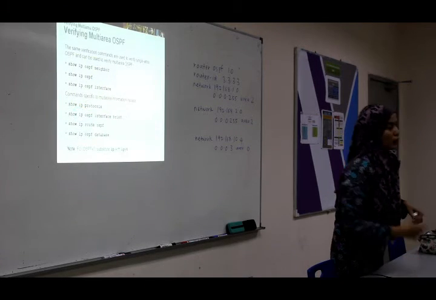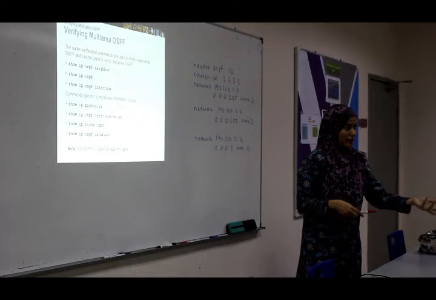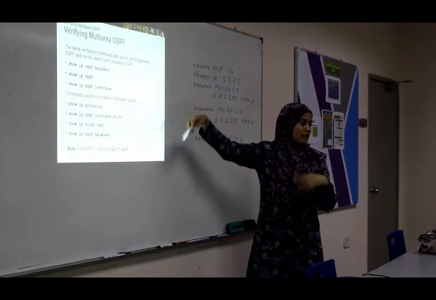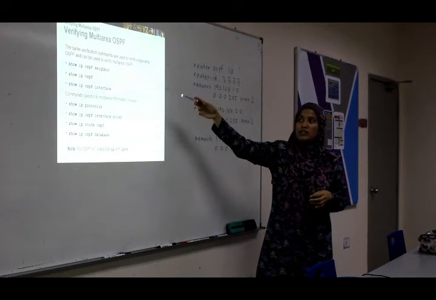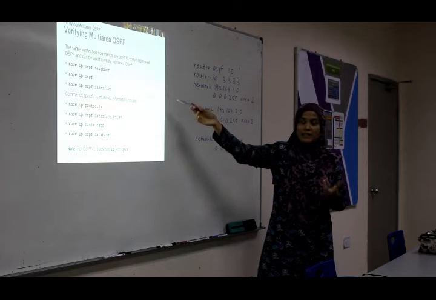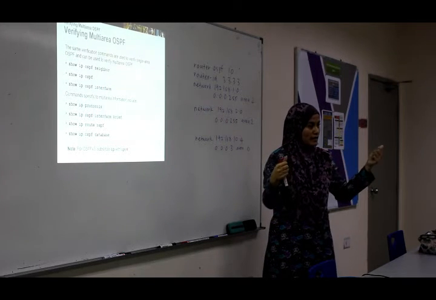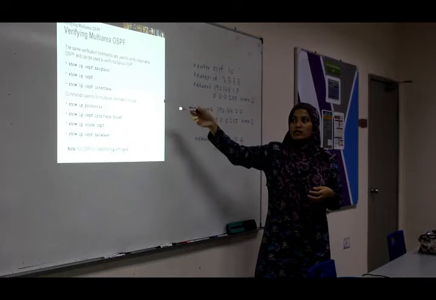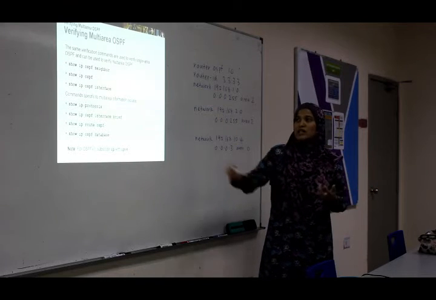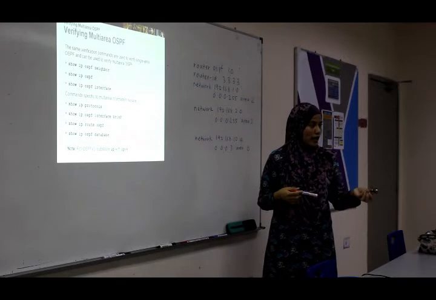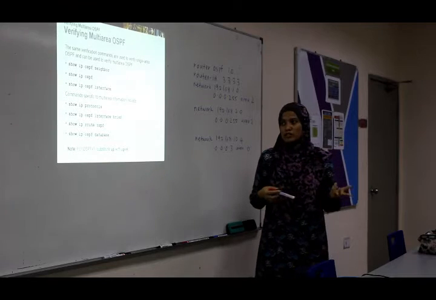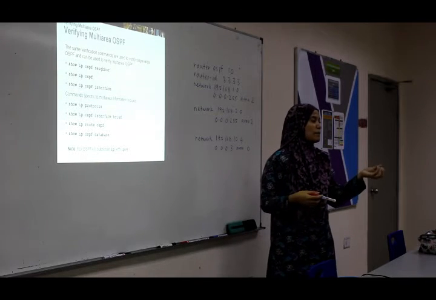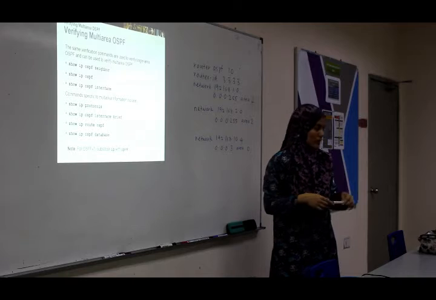Before that, to verify later, you can use a few commands. Maybe you can use the show ip ospf neighbor command to check the neighbor is there. Maybe you can use show ip ospf interface and show ip protocols to verify your configuration. And of course, show ip route ospf to check the routes learned from the neighbors.